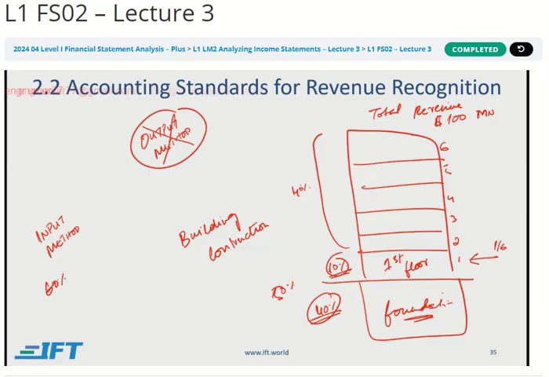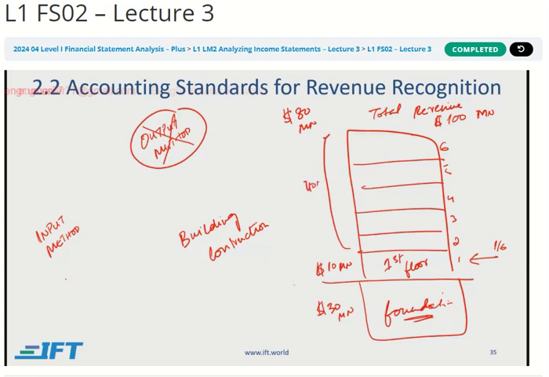Let's talk about it in millions: our expected cost is $80 million, of which 30 million is expected to be in the foundation, 10 million in the first floor, and then the remaining 40 million is going to be in the rest of the floors.